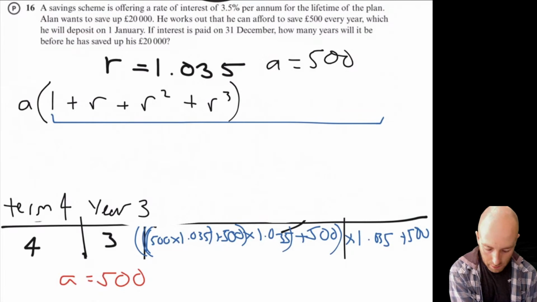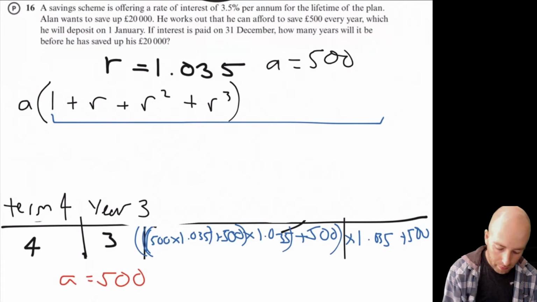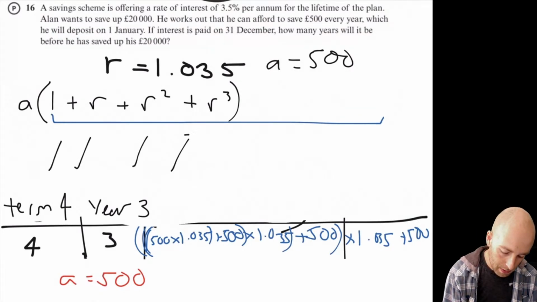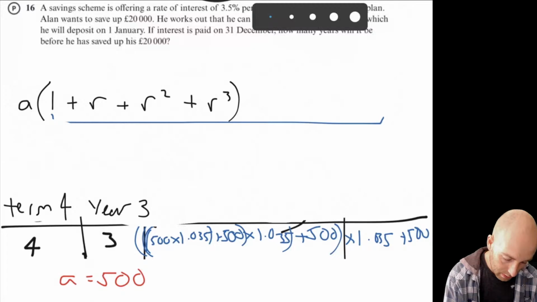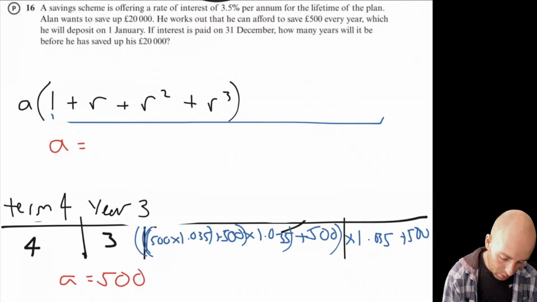So you can see for our fourth term, we have 4 terms in this equation. So that's all fine. So the geometric series actually isn't what we said it was earlier. The geometric series is, our first term is 1.